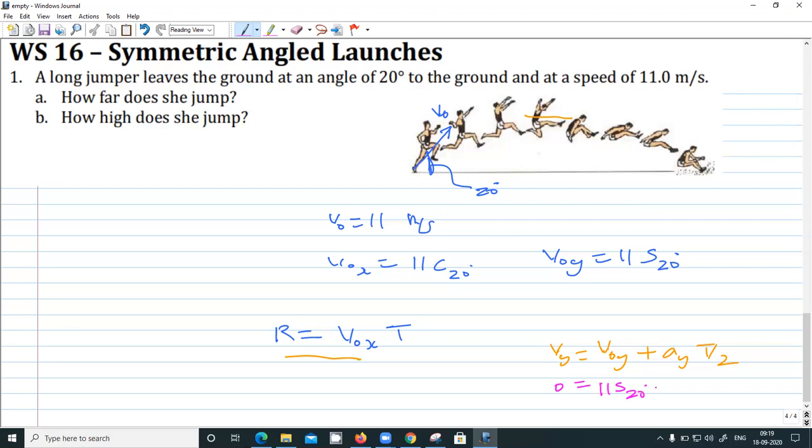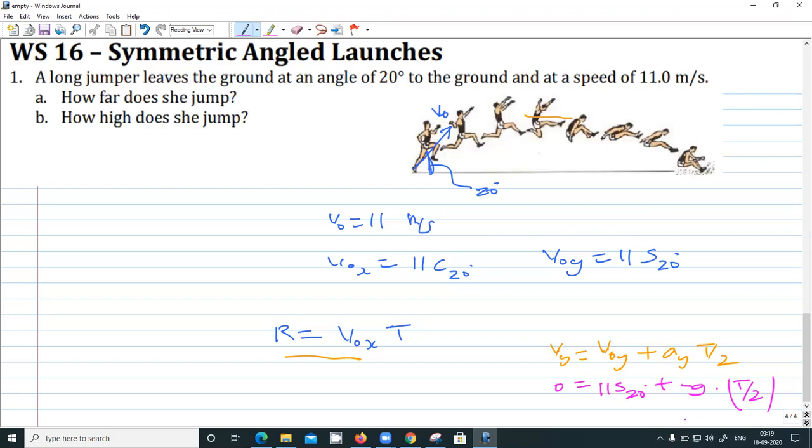Wait, why is it 11? Oh, never mind, I got it. And what is Ay? Negative 9.8, g. Oh, sorry. And then from this, I can find capital T.